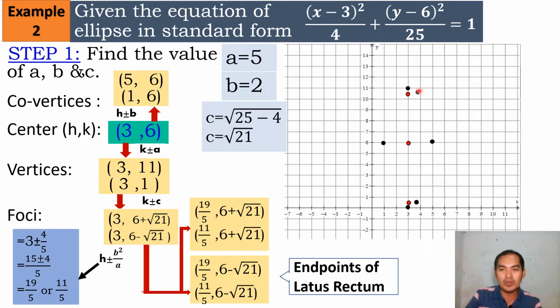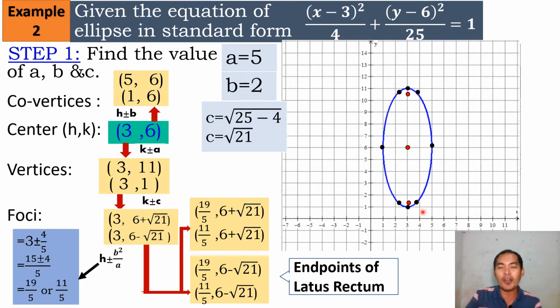So we have 2, and then we have another 2 endpoints of latus rectum. Then connect all the black dots to form an ellipse, and that's the ellipse of the given equation in standard form. Then how to change the standard form to general form?